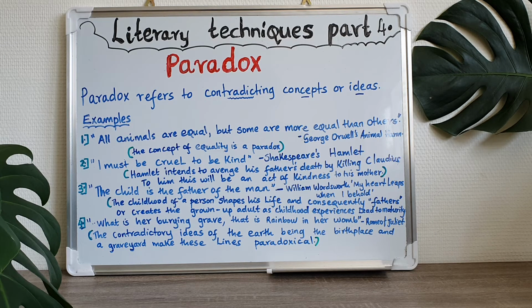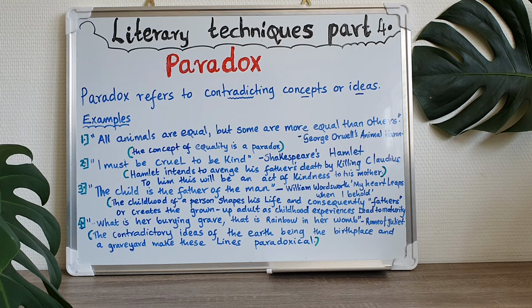Okay, so in this case, the concept of equality is a paradox. It is paradoxical that despite the fact that they all are animals, some are more equal than others, meaning that some get better treatment, they get preferential treatment, they have more rights than the others. That is paradoxical. Okay?